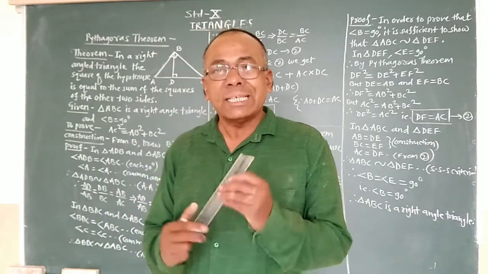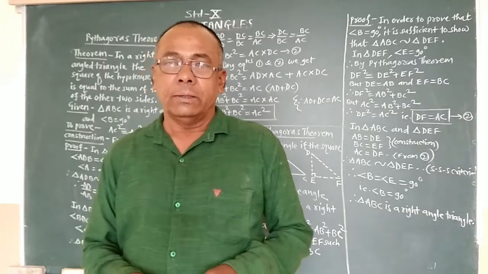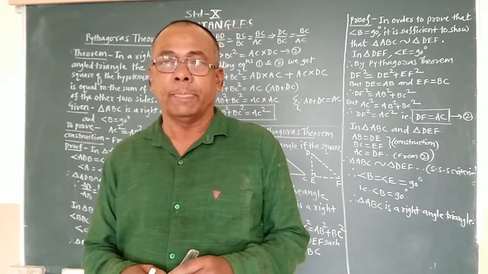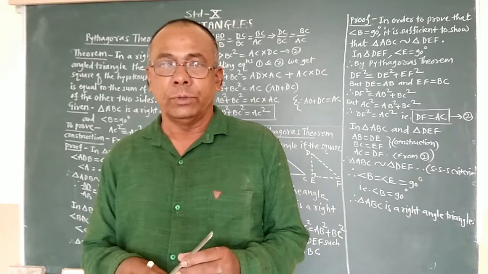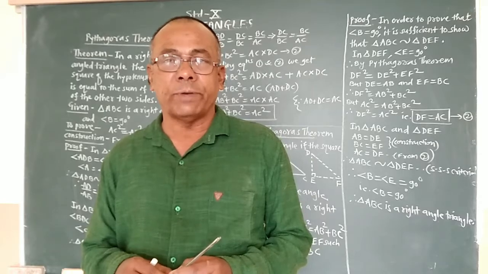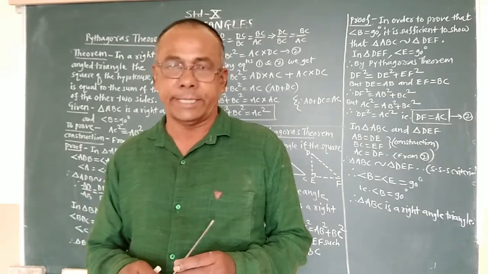And it states that in a right angle triangle, the square of the hypotenuse is equal to the sum of the squares of the other two sides of the triangle.